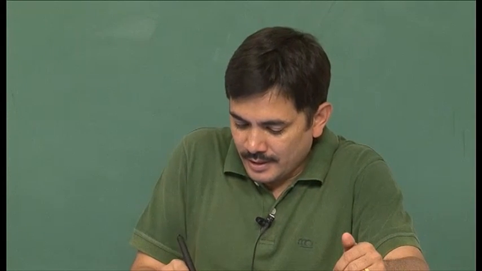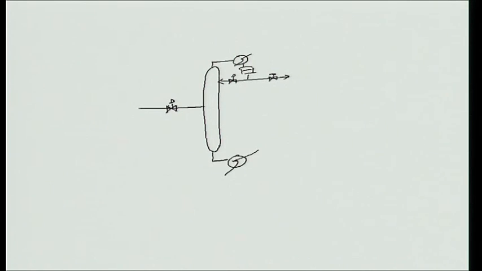For example, let us say I have a simple distillation column, and it's got a certain feed rate that needs to be processed. And let us just say that I am told maximize throughput.